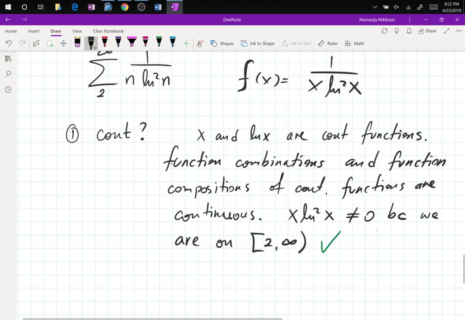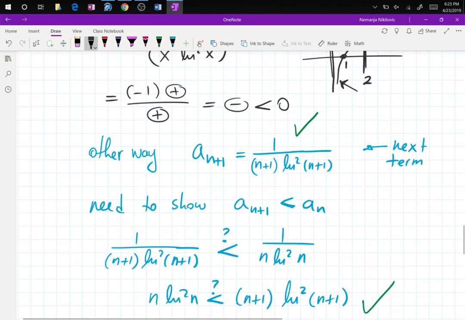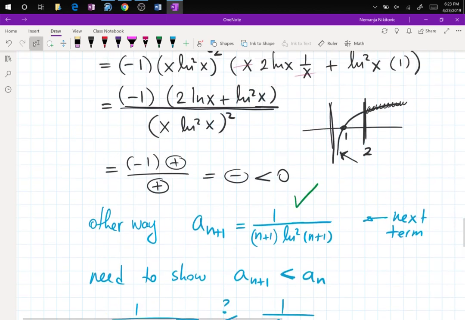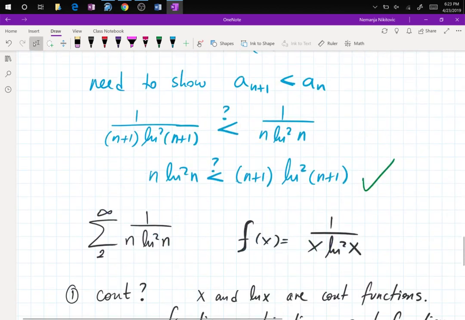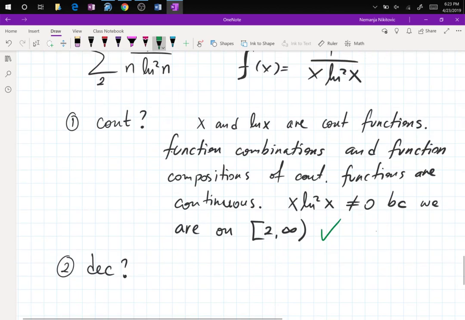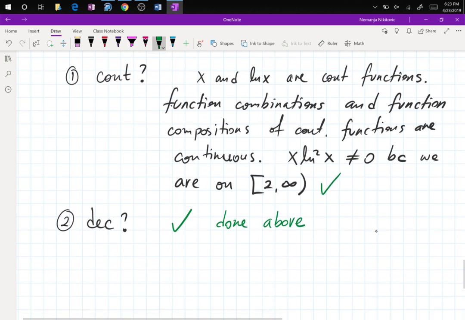The next part is decreasing. Well, that's done above. We just did it. You can do the blue or the black. I don't care which one. So we just check that one off and say done above as we were proving the continuity.